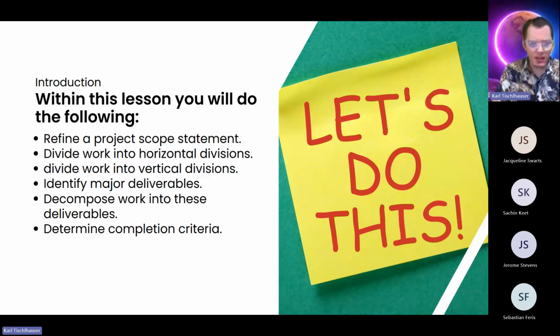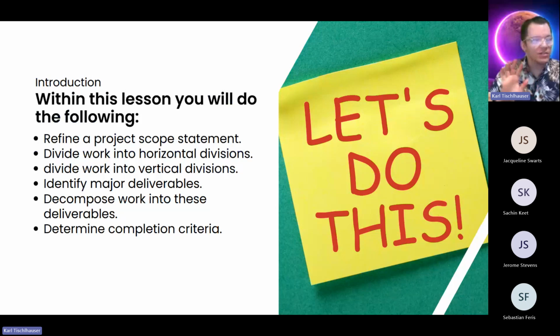So within this lesson, we will be doing the following. We'll look at the refinement of a project scope statement. Your project scope statement has to be as refined as possible because it has such a major impact on the work breakdown structure. It has an impact on how the horizontal divisions occur. It has an impact on how the vertical divisions occur.